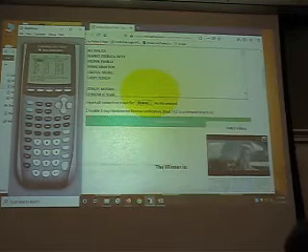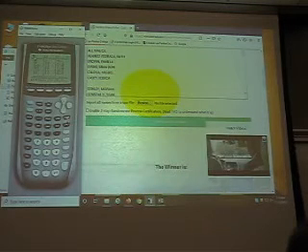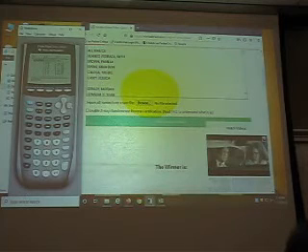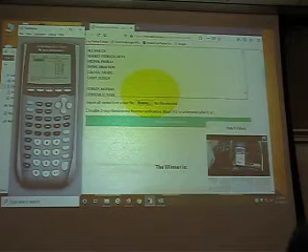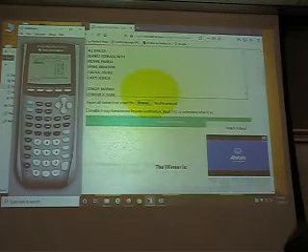If you need to clear list 1, go up so your cursor's on L1, hit clear, enter, and that'll clear the whole thing. But I think you can just overwrite it. Yeah, just overwrite it.